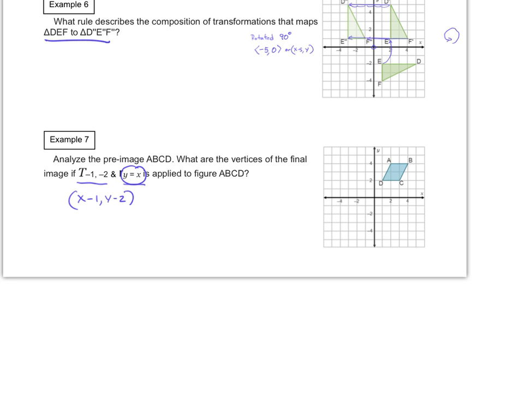So let's see here. X minus 1 would bring that back here, right? A, 1, 2. So this would be my new A, my new D, my new C, my new B. Okay, so there's my new image.